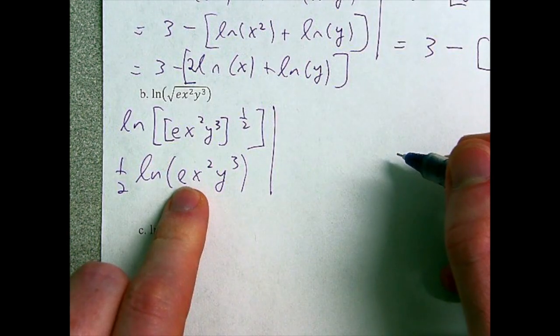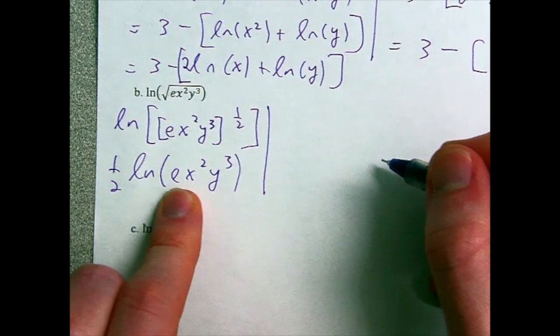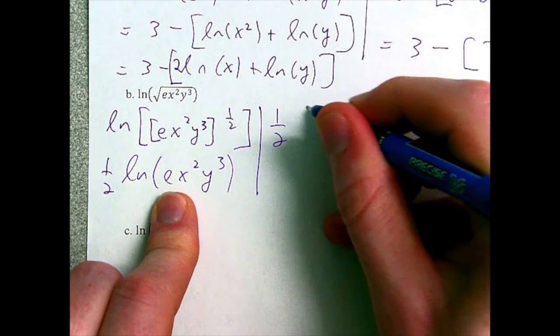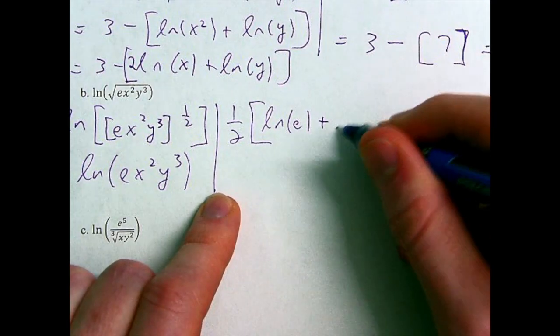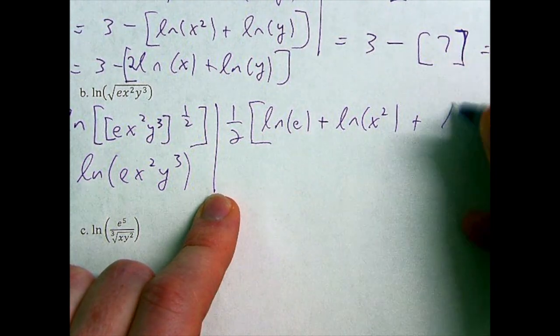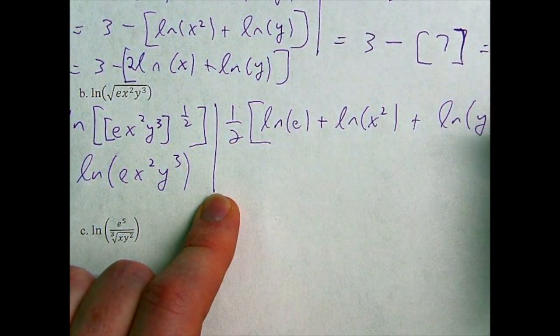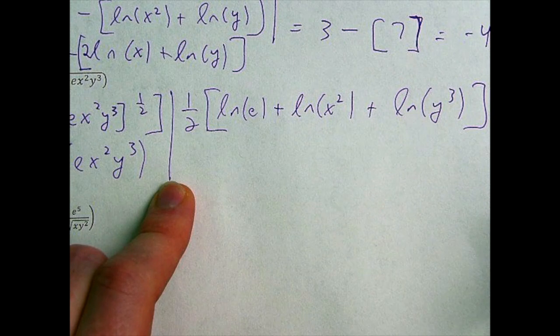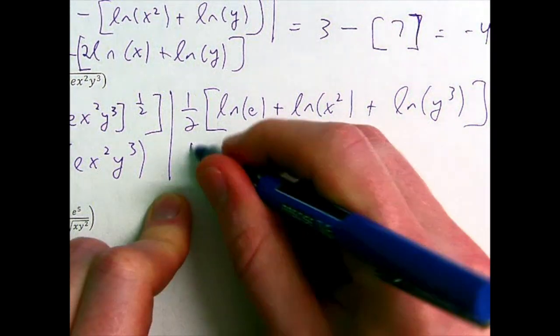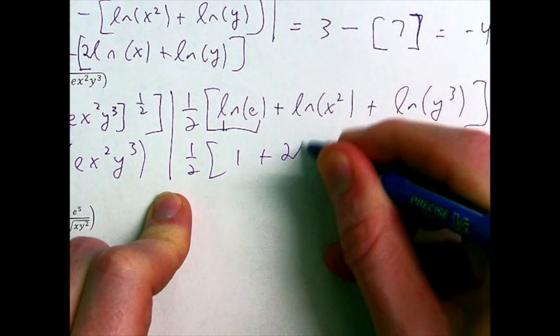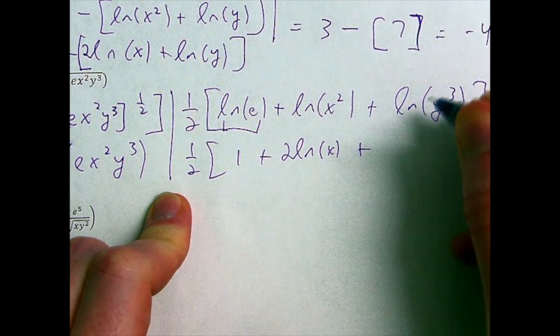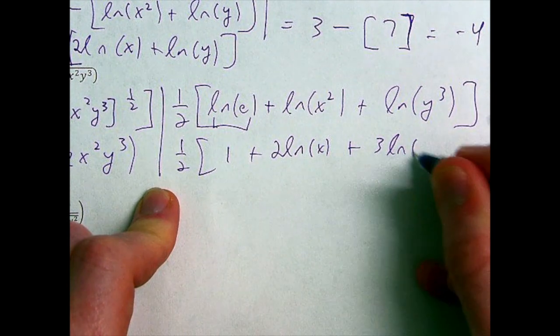And then we've got the product of a bunch of things, so I'm going to write that as a sum. 1/2 quantity ln of e plus ln of x squared plus ln of y to the third, right? And then finally, natural log of e is just 1. This thing is 2 ln of x, and then this thing is 3 ln of y.